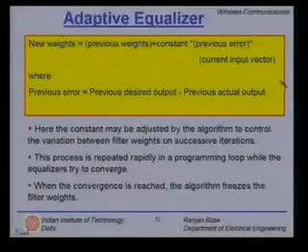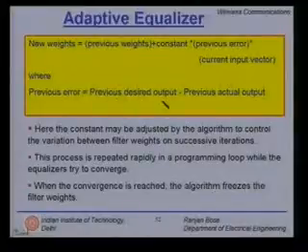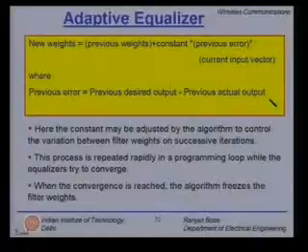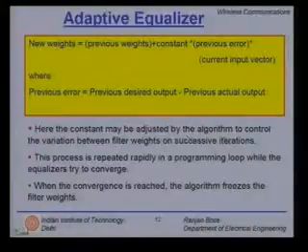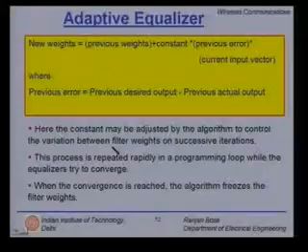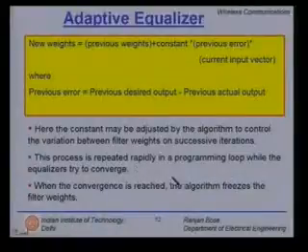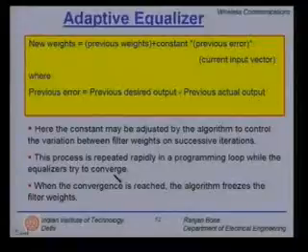This is one possible implementation, where previous error is previous desired output minus previous actual output. Here the constant may be adjusted by the algorithm to control the variation between the filter weights on successive iterations. The process is repeated rapidly in a programming loop while the equalizer tries to converge.